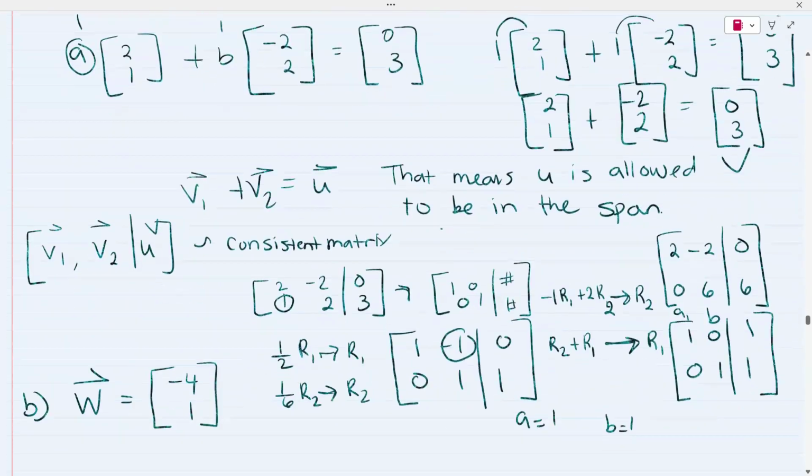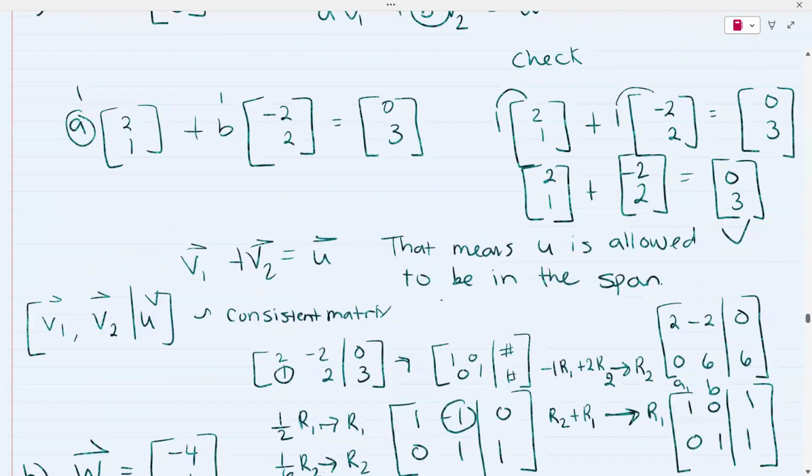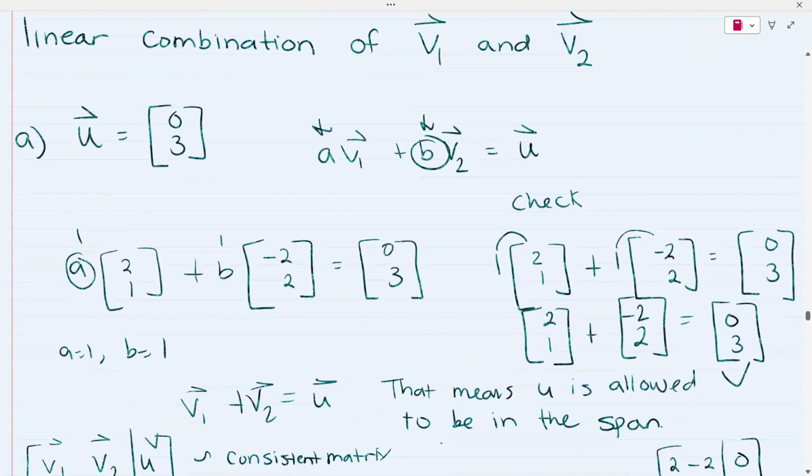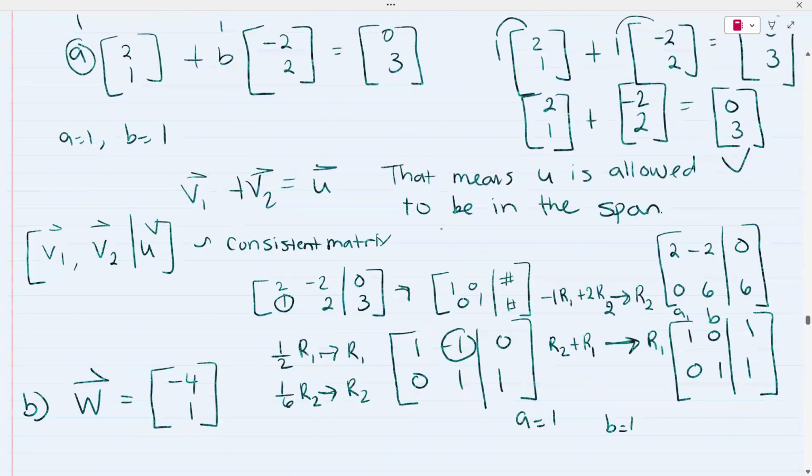Our linear combination has A value 1 and B value 1. So that's how you find your linear combination: you set it up as a matrix, simplify it to this, and then find your A and B. Is this always possible?